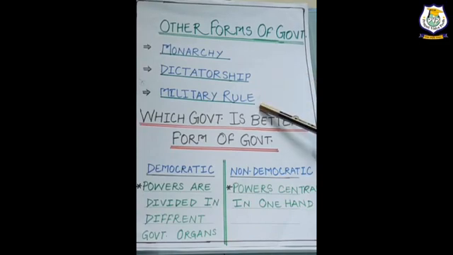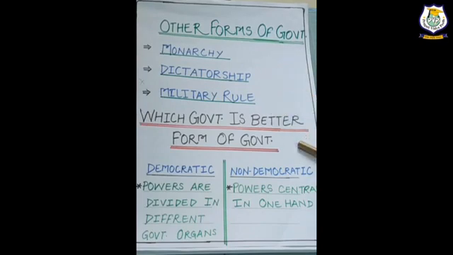In military rule, the military exerts complete or substantial control over the political authority of a country. So, by seeing all these forms of government, we can say that we have many types of government in the whole world.